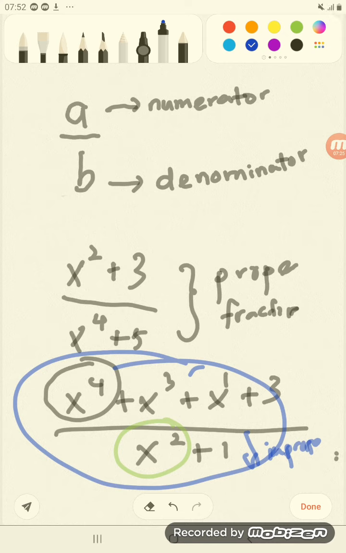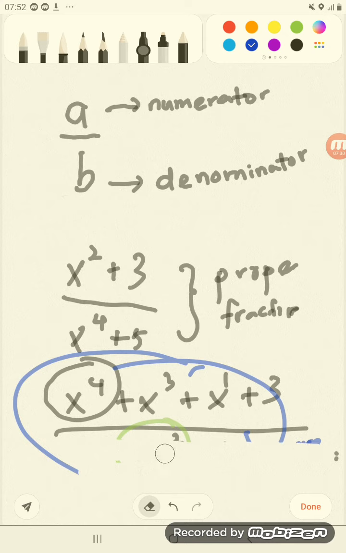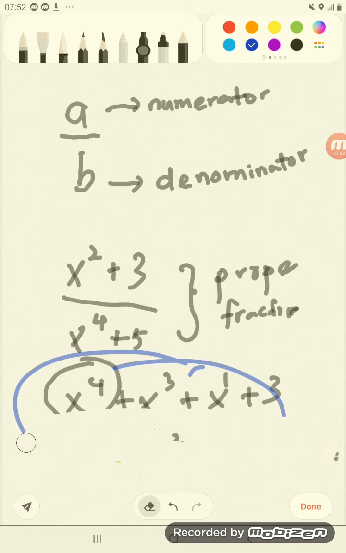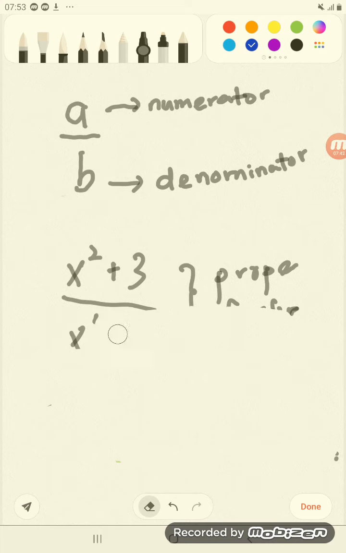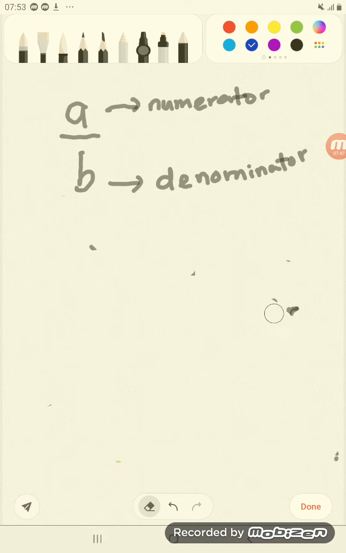So the issue is, usually when we deal with a proper fraction, it should be okay. But when we have an improper fraction, basically we can convert it into a proper fraction.